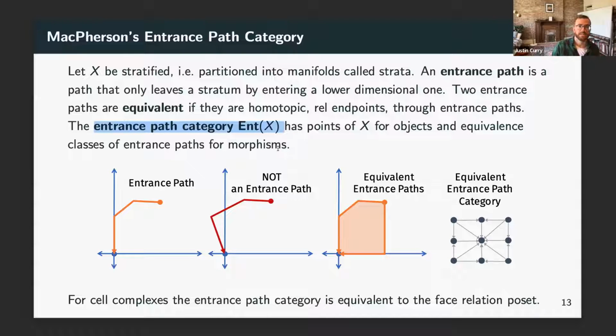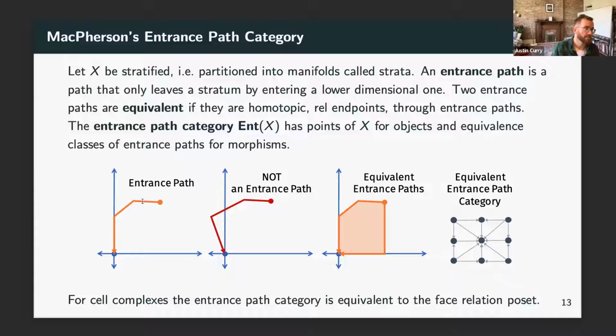And this category is very geometric. It has objects that are just points of the space. And if I have 2 points, let's say the origin and this point up in the first quadrant, I can connect them via a morphism if there's something called an entrance path that relates them.